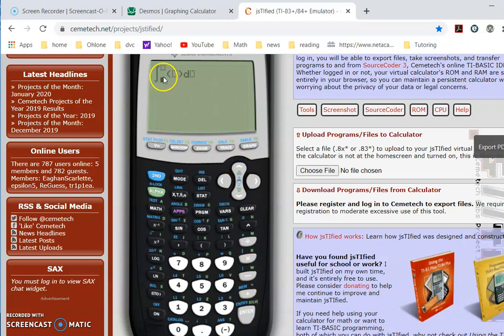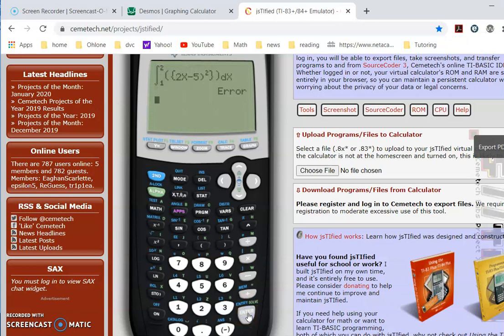You can enter your A and B, like 1, 2, and then 2x minus 5, close, and then square, and then you have to say dx, then enter.